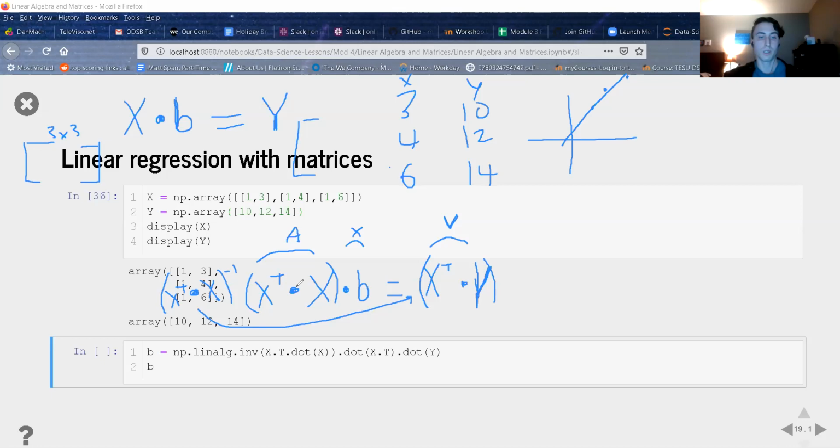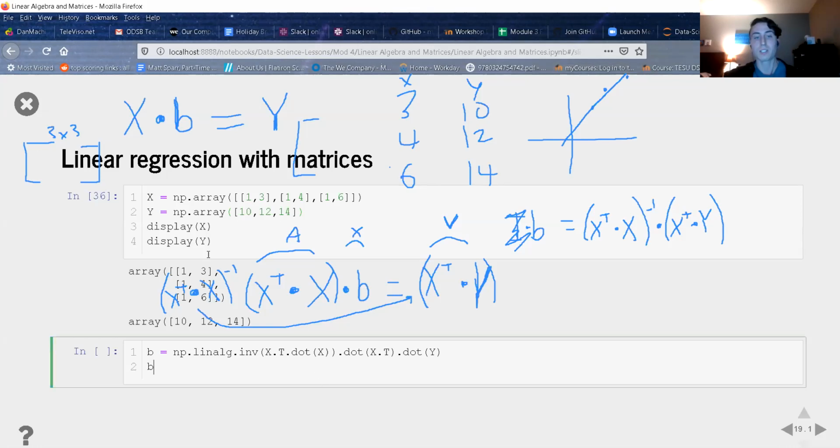And then when we do this, these two terms will cancel out and create the identity matrix, which is just going to be equal to B here. And then on the other side, it's going to be the inverse of the transposition of x dot x, and then that's going to be dot the transposition of x dot y. And now we have our B. So that's the math behind it. Hopefully you could follow that.